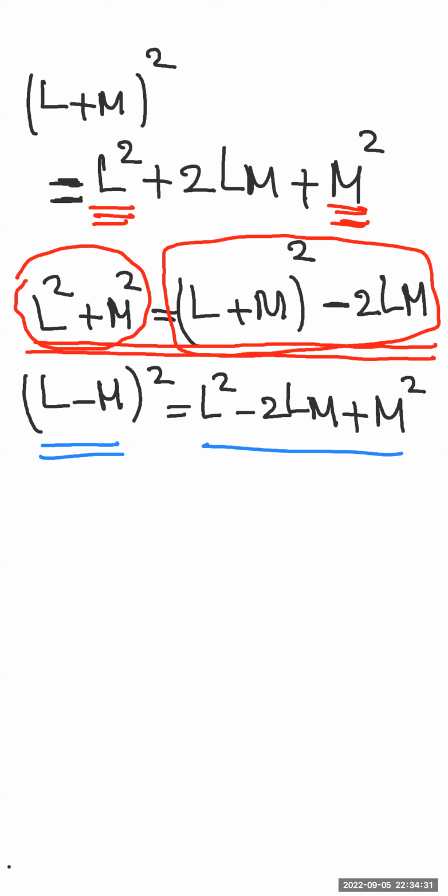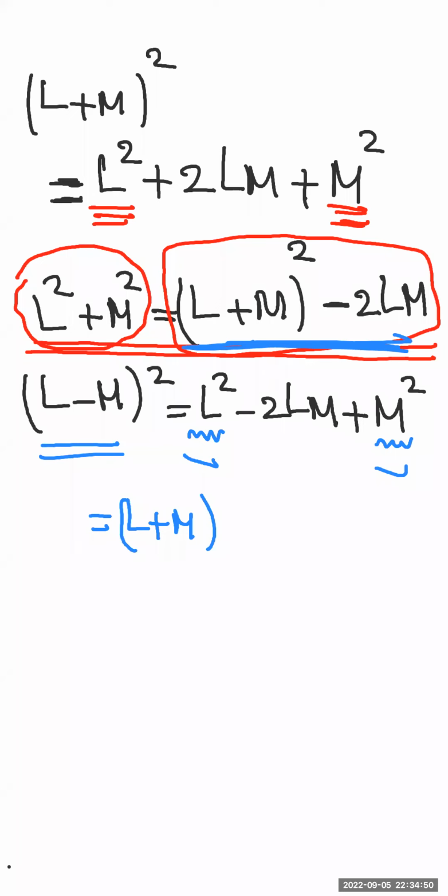So now I'm going to substitute this value instead of L squared plus M squared. So L squared plus M squared means L plus M all to the power 2 minus 2LM, then minus 2LM again.